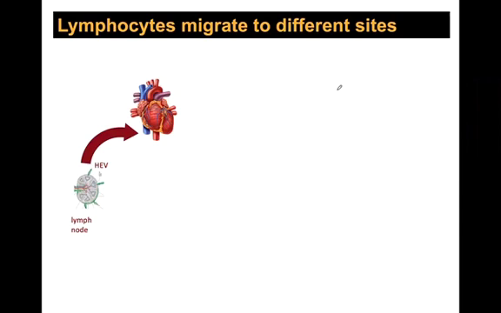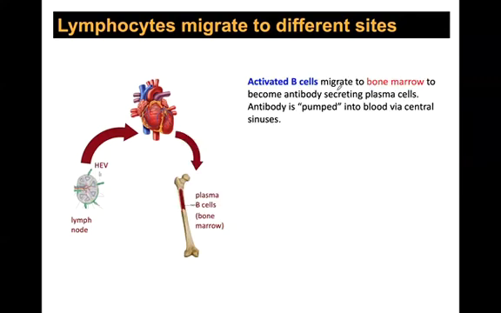Okay, so now you've got your T cells and B cells. They're activated in the lymph node. And then they leave the lymph node by the high endothelial venule, and they go back into the blood and eventually are recirculating and looking for where they need to go to do their job. Well, first thing is B cells, the activated B cells that become plasma cells, move back to the bone marrow, where they spend the rest of their life just making antibody.